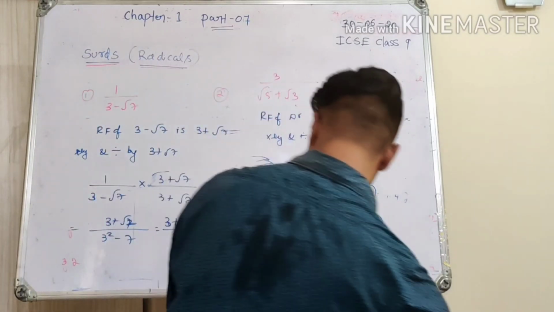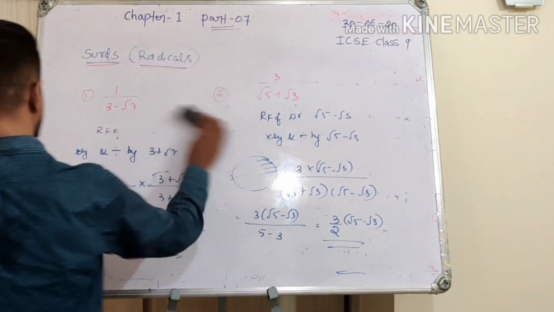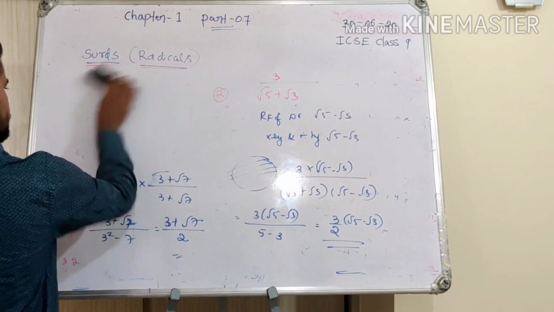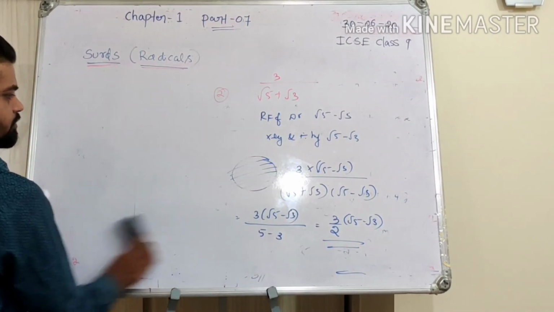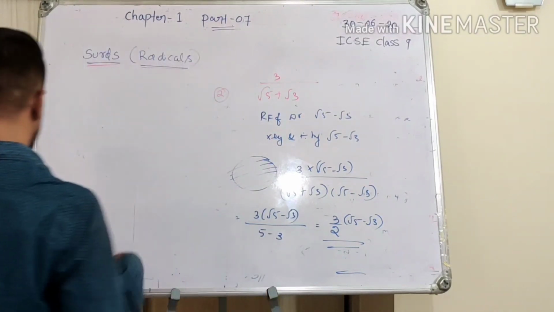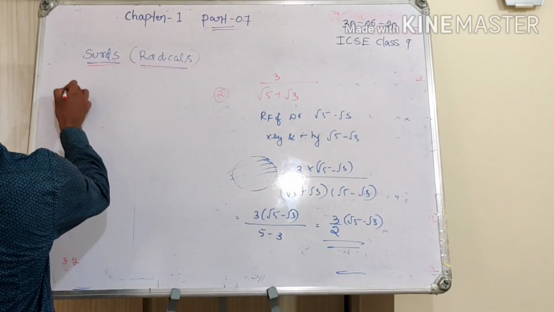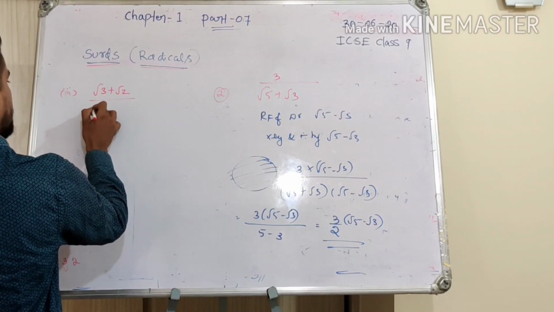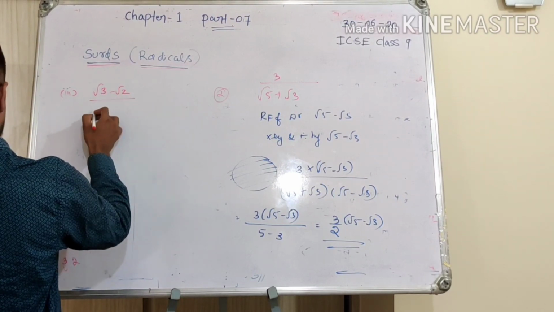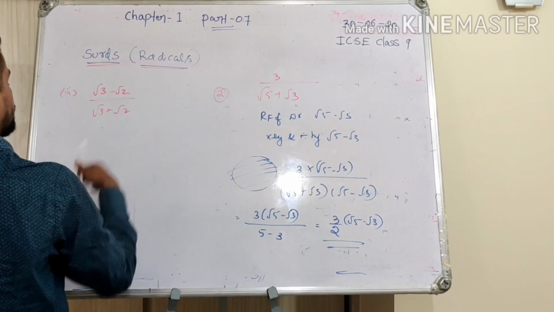And then question number 3, example 3. So what we have is root 3 minus root 2 divided by root 3 plus root 2.